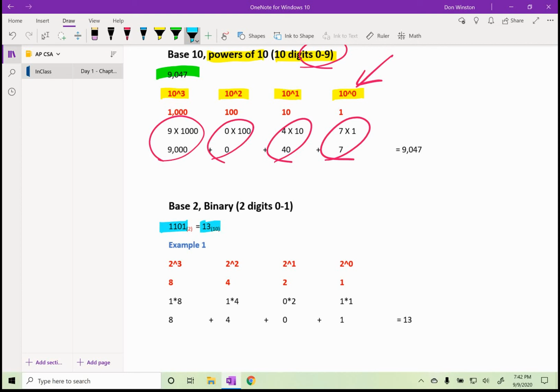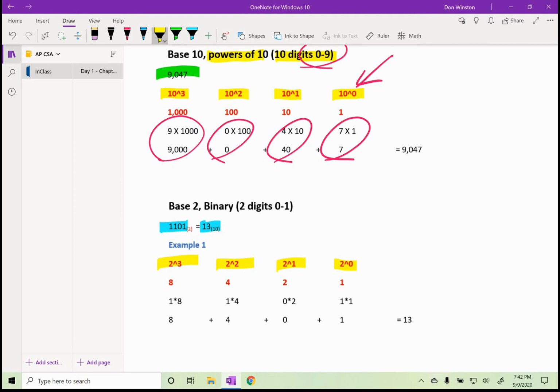Well, very easy. Because I'm working with base 2, I'm working with powers of 2. So 2 to the 0 is 1, and then 2 to the 1 is 2, and 2 squared is 4, and 2 to the third is 8. Now, just like with base 10, where I took the digit and multiplied it by the power, I'll do the same thing in base 2.